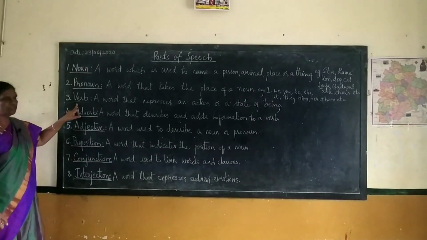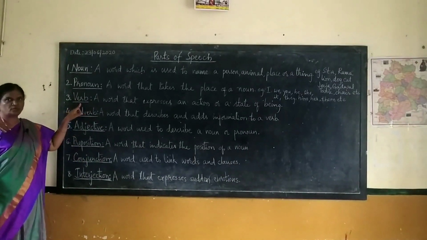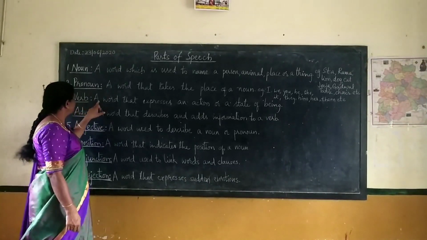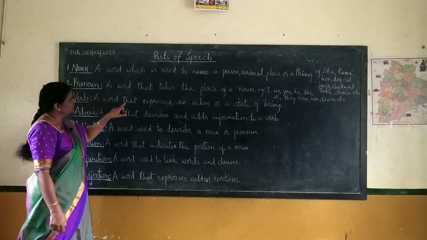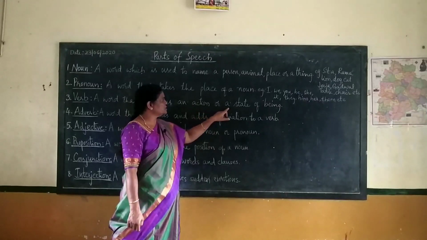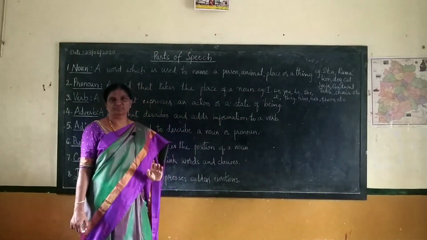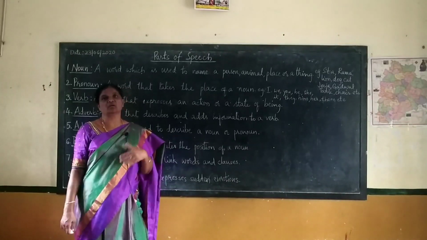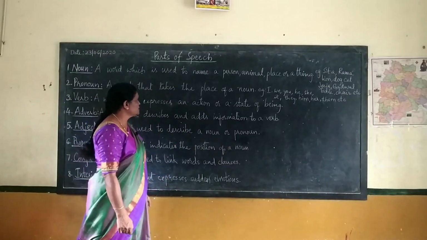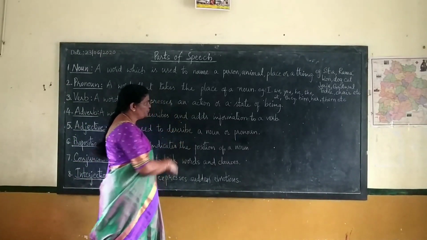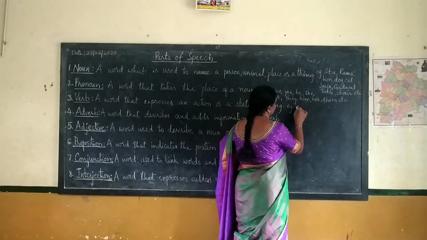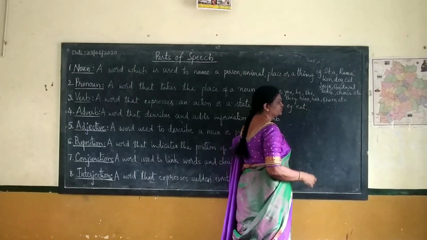And the third one is verb. What is a verb? A verb is a word that expresses an action or a state of being. These are called action words or deeds. For example, eat. Eat is an action.